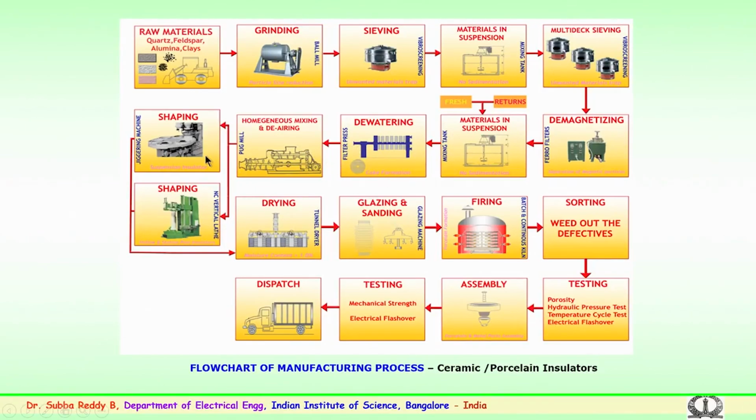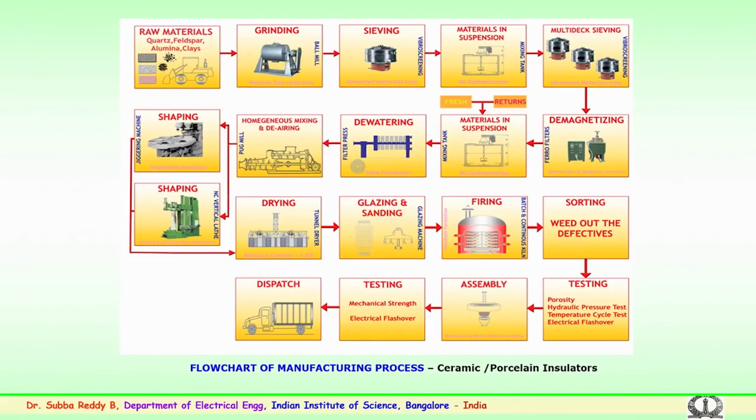Further, the shaping is done using molds, as mentioned, using plaster of Paris molds or die sets. It could be a disc insulator, a bushing or whatever we were discussing. Further, this goes for drying for a certain period. Then, as mentioned, the glazing of the insulators is done, again whether the bushing or the disc insulator, and it is sent for firing.